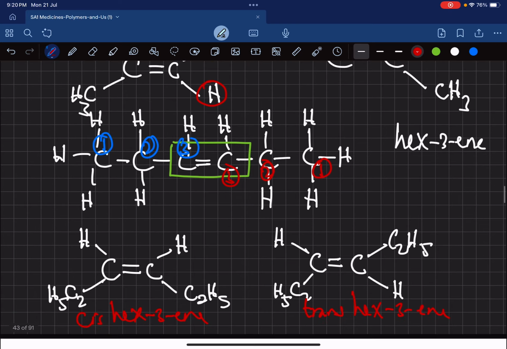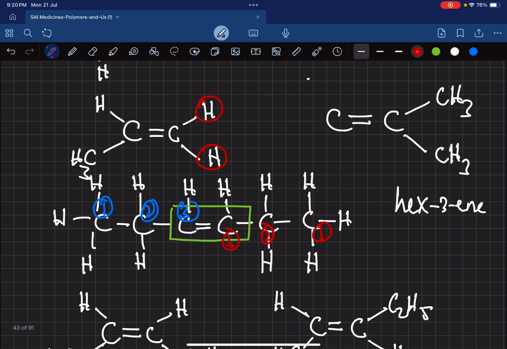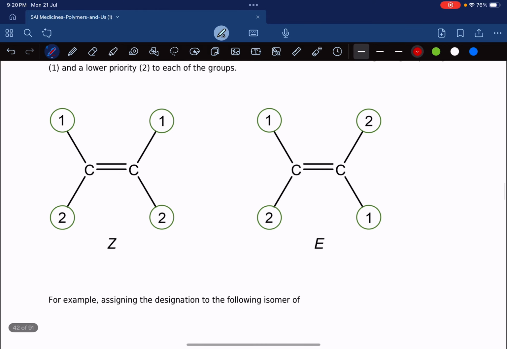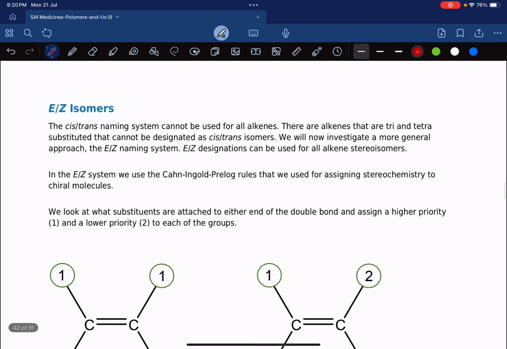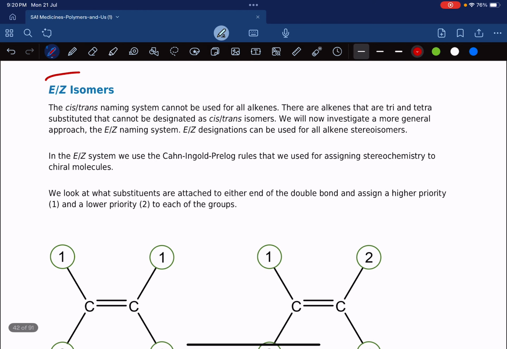In this case, this is a hydrocarbon. It's mostly made up of hydrogen and carbon. Then you come to a situation where it gets a little bit more complex, where you have E and Z isomers. E and Z isomers. This is part of the Cahn-Ingold-Prelog rule, which is called the CIP rule.